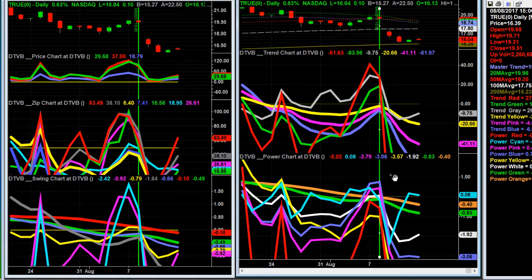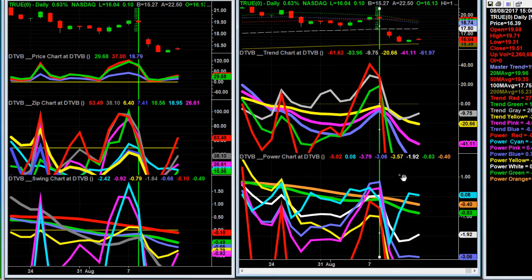But power pink and blue are identifying your short-term trend. They're not identifying pullbacks or rallies, because your trend gray, green, zip red, those lines, the fast lines, are going to identify your pullbacks and your rallies.